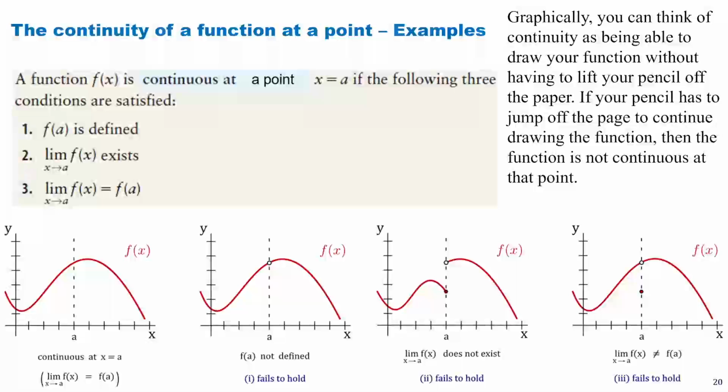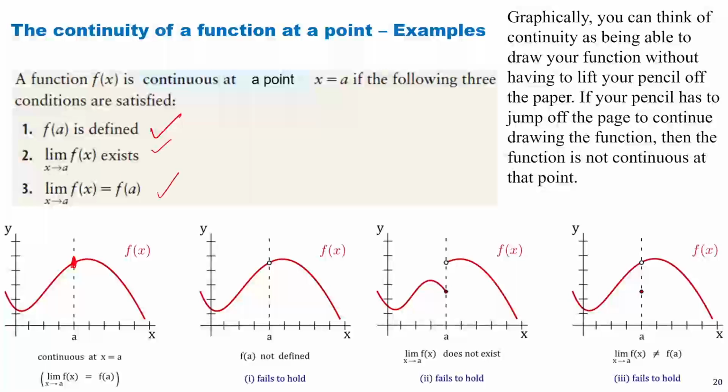So if you look at the first graph here, for all of the graphs here, we consider the point when x equals a. Okay, so for the first diagram here, as you can see, f(a) is defined, right? And then we know the limit of f(x) when x approaches a exists. And also we know the limit of that function when x approaches a equals the image of that function at x equals a.